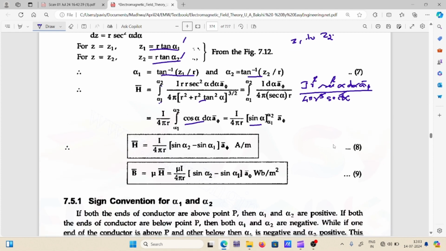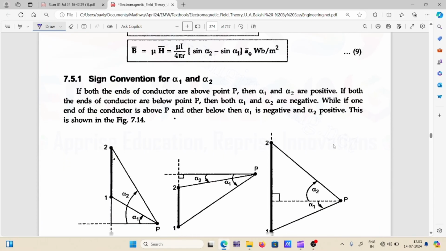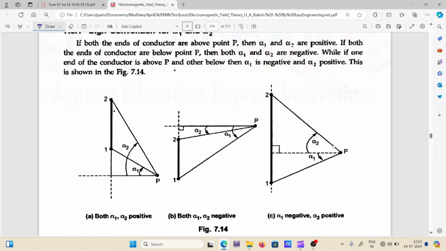And here we have a sign convention for alpha 1 and alpha 2. Means in the derivation we placed the conductor in the positive z-axis. So the finite length has three sign conventions. One is placing the conductor in the positive z-axis where z1 and z2 are both in the positive z-axis and it makes alpha 1 and alpha 2 angles. Then alpha 1 and alpha 2 both will be positive.